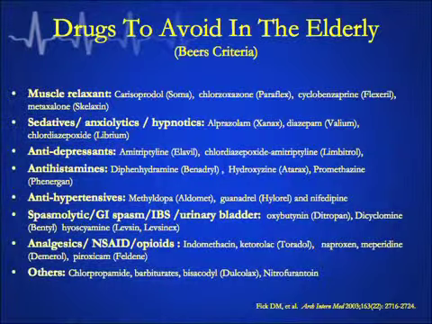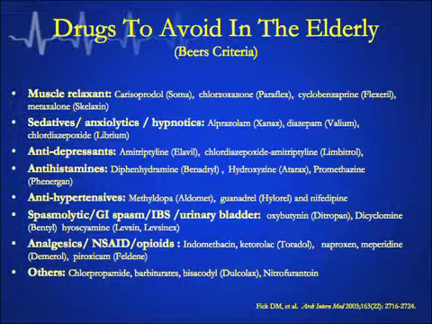Okay, I just want to go through Beers criteria. Beers criteria has been updated recently. This is from the older version, but it serves the same purpose. These medications are ones to know or be careful with: muscle relaxants, sedatives, antidepressants, antihistamines, antihypertensive medications, spasmolytic medications, analgesics, and others.